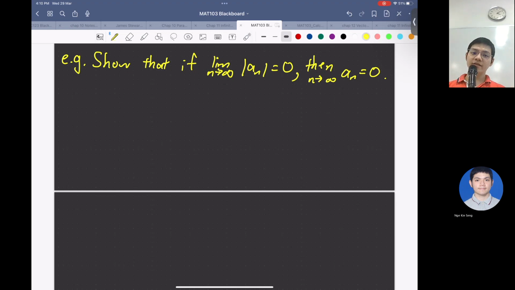So this says that for any sequence, if the limit of the absolute value of that sequence is 0, then the original limit is also 0. So why is it true? Since this is listed under squeeze theorem, you should think of a way to use the squeeze theorem.